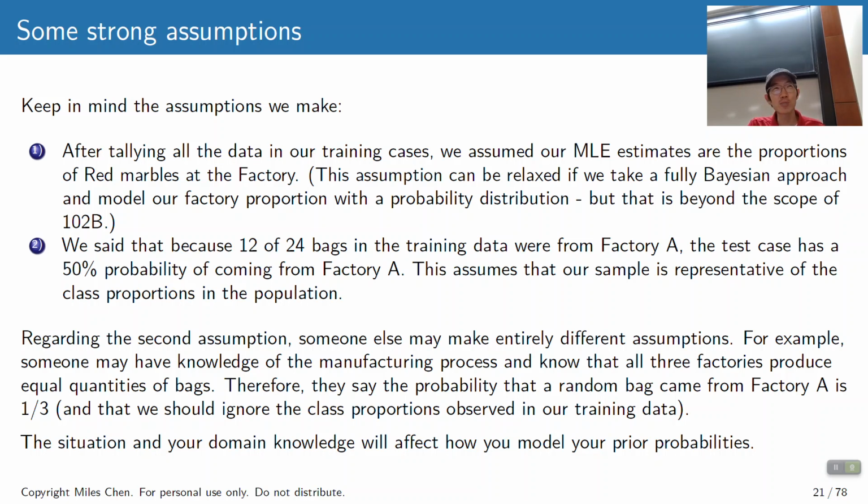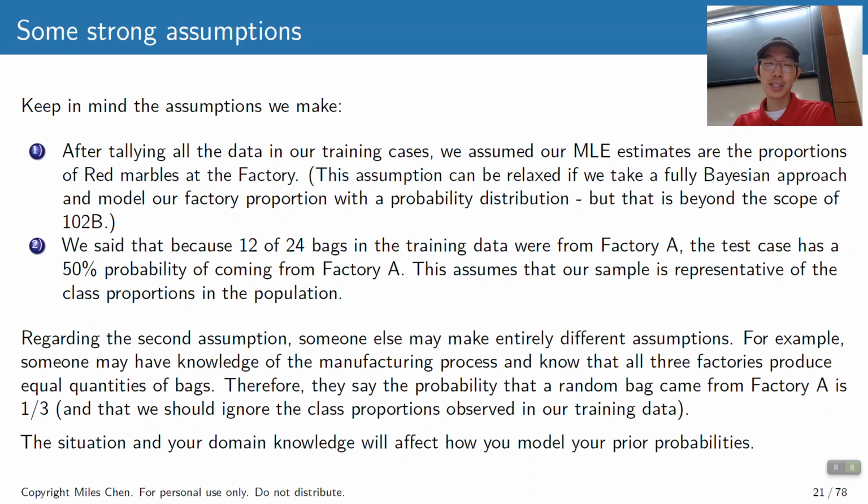And so these are major assumptions, which to some degree are reasonable, but they might not be right. Let's say we are the owner of the marble company, and we know that we have 3 factories, and all 3 factories produce the same number of marbles.